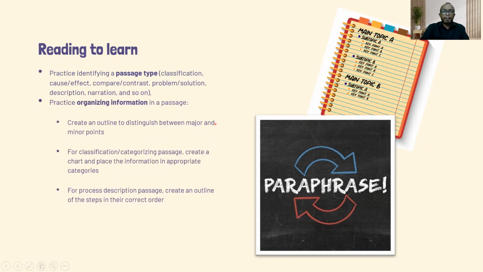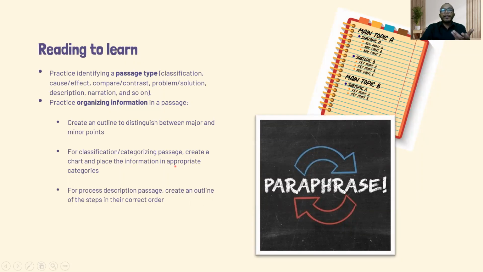And you need to also practice organizing information in a passage, okay? And you can do this by first creating an outline, okay, to distinguish or to differentiate between major and minor ideas. This is very important for the summary question, the one that's worth 2 points in the end of each passage usually, okay?